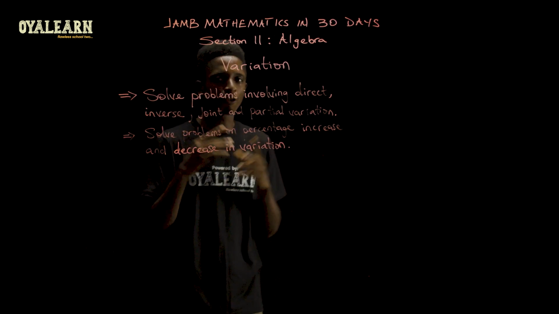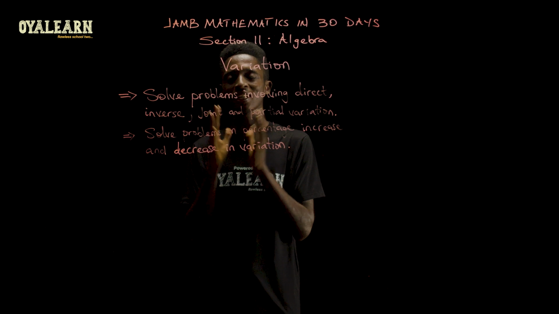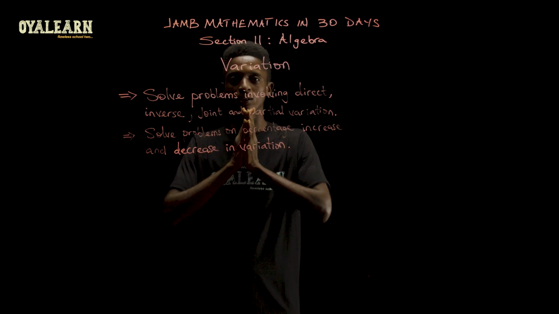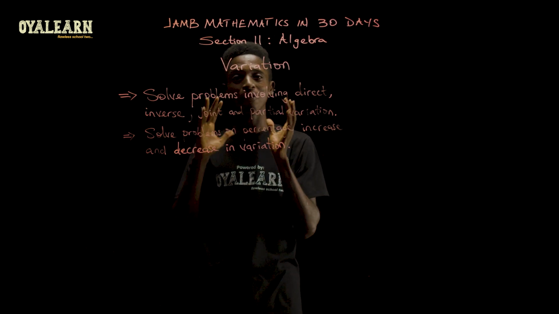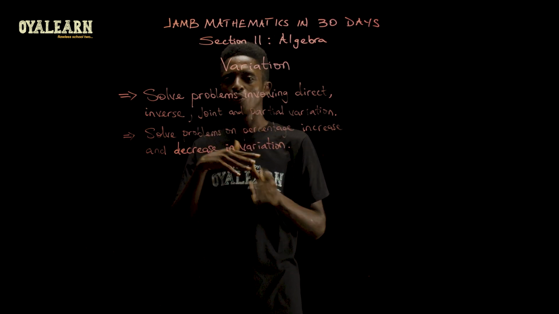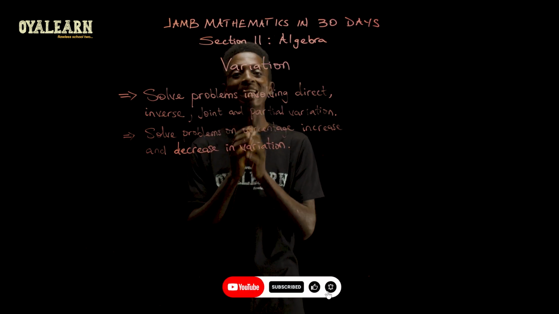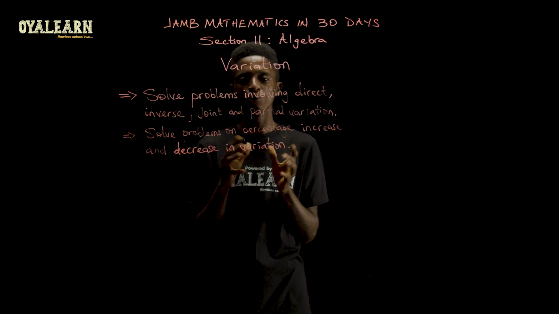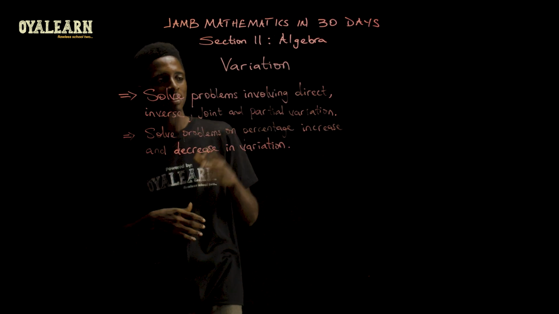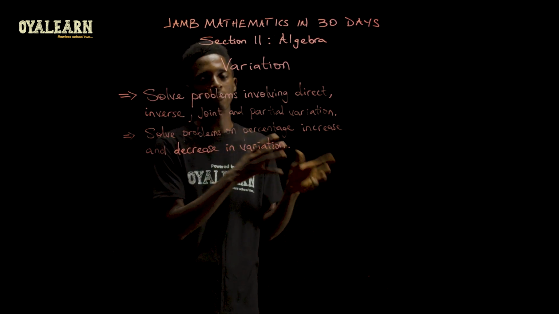If you want full understanding of variation, you can check out our videos on this channel where our teachers have done a great job explaining variation, the types of variation and everything under variation. You will also see multiple questions there that will help you understand variation in full. But for Jamb, what you are expected to know is to be able to solve problems involving direct, inverse, joint and partial variation.